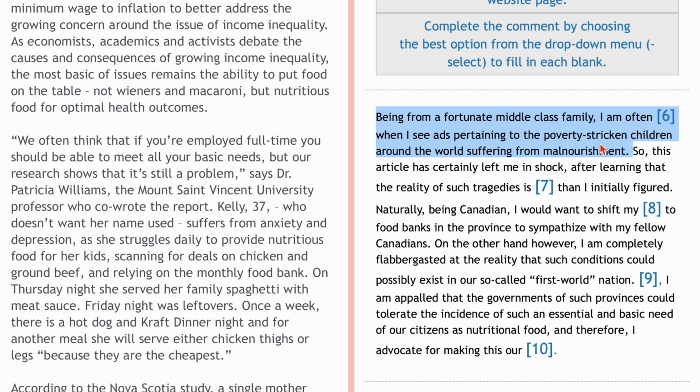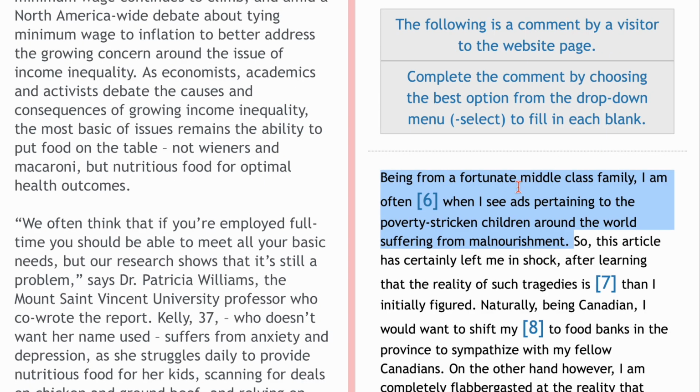So let's see here. Being from a fortunate middle class family, I am often sick when I see ads pertaining to the poverty stricken children around the world suffering from malnourishment. Malnourishment, not having nutritious food or enough food.